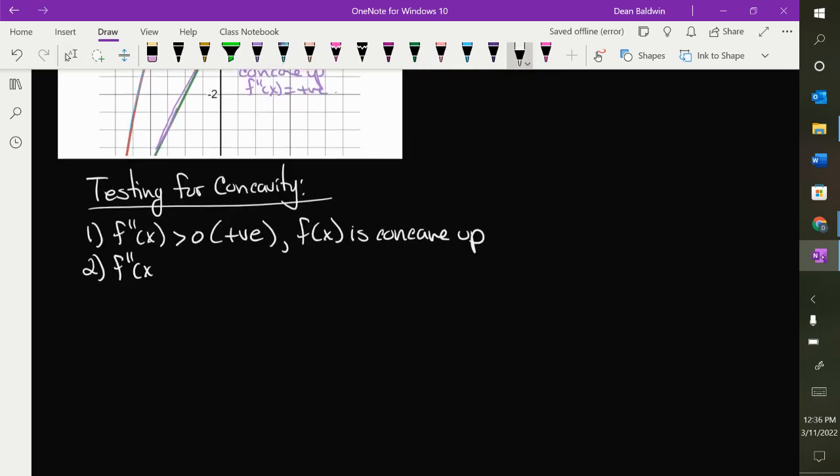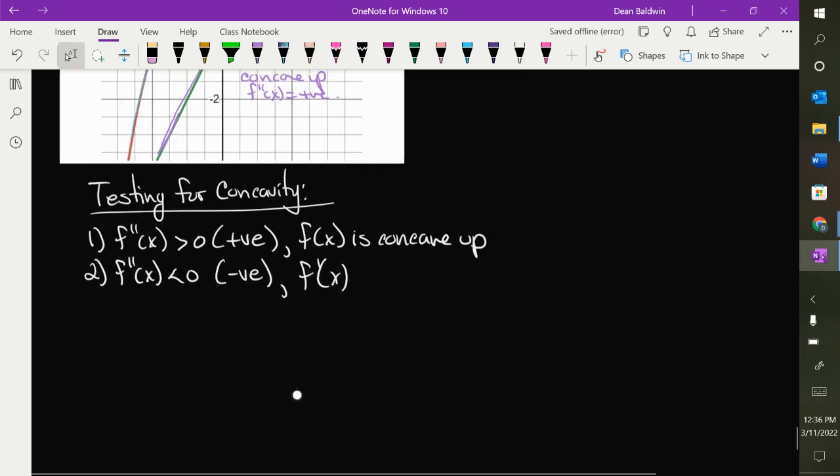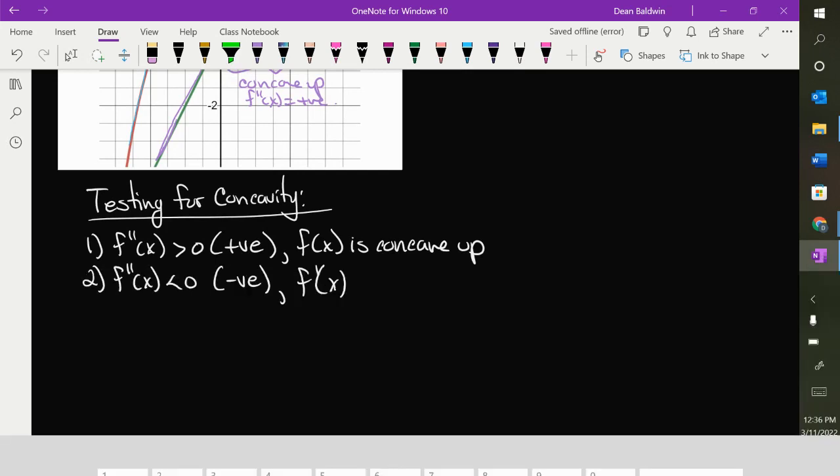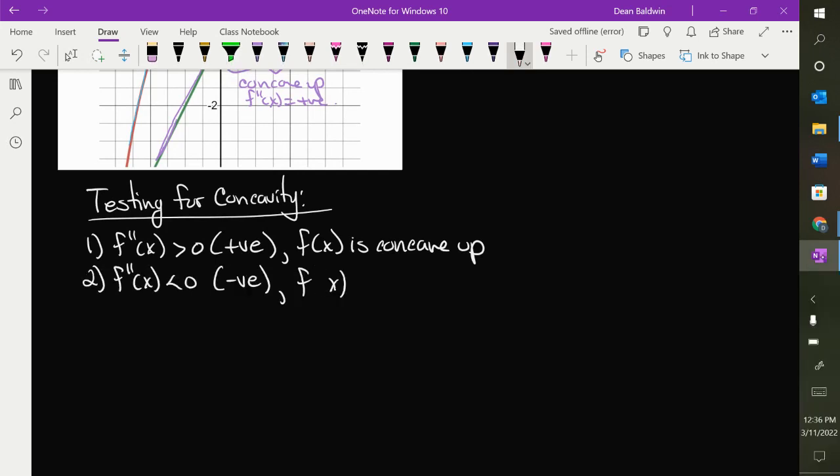If the second derivative is negative, below 0, then f of x, it's not f prime of x, sorry, f of x is concave down.